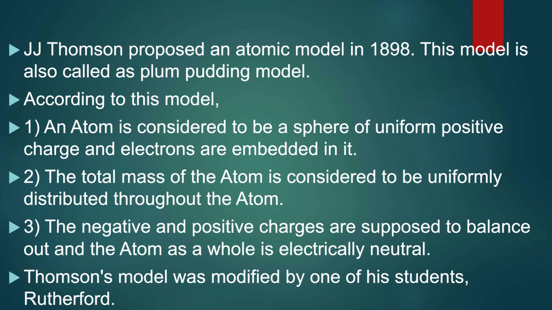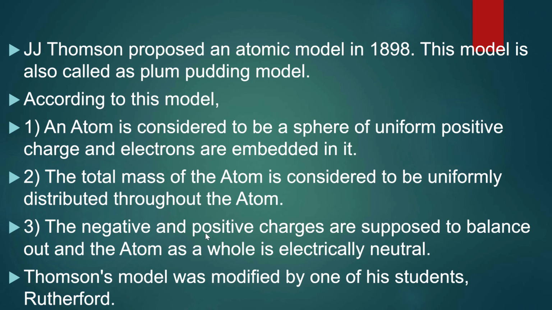J.J. Thomson proposed this model in 1898. According to this model, an atom is considered to be a sphere of uniform positive charge and electrons are embedded in it. The total mass of the atom is considered to be uniformly distributed throughout the atom. The negative and positive charges are supposed to balance out, and the atom as a whole is electrically neutral.